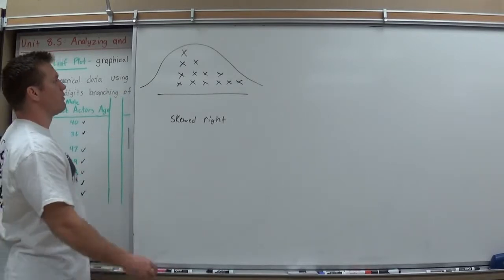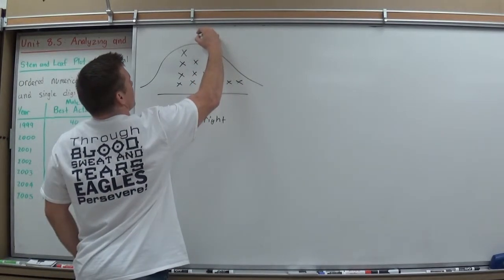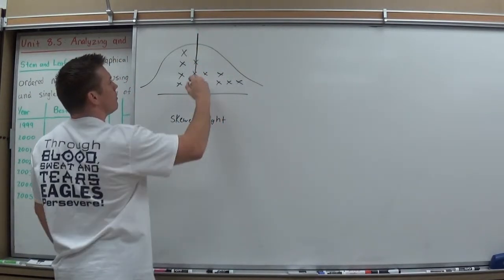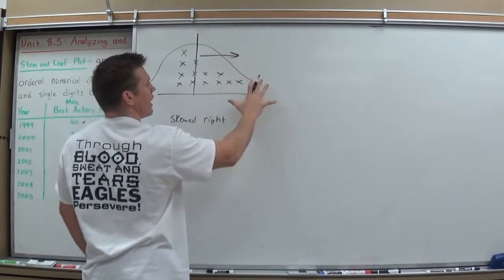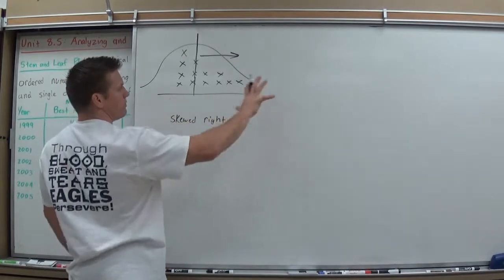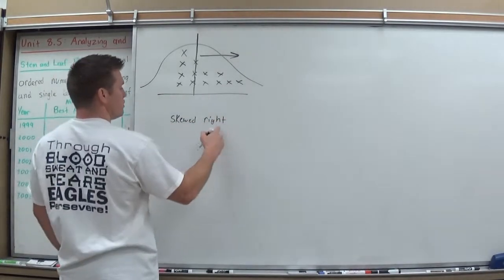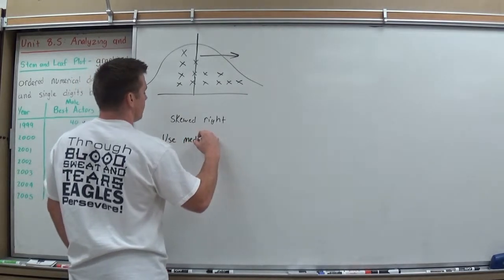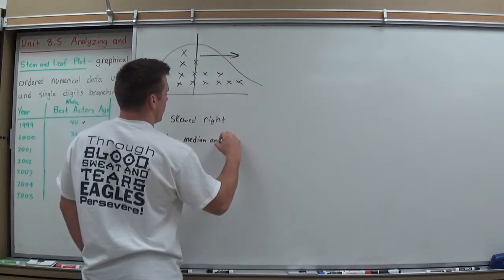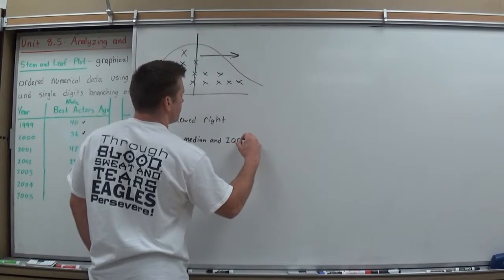Why wouldn't you call it skewed left? Well, your median would tend to be right here in this zone, but your mean is going to get pulled away towards these higher values. So since it pulls the mean to the right, it skews it right. And when data is skewed right, you should use the median and the interquartile range.